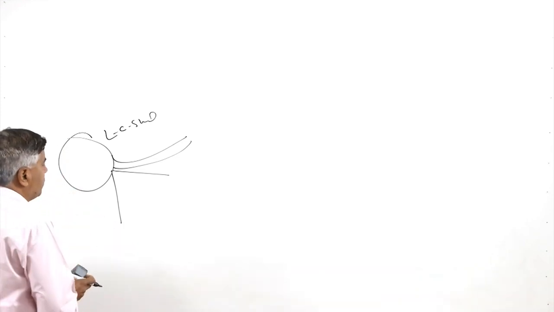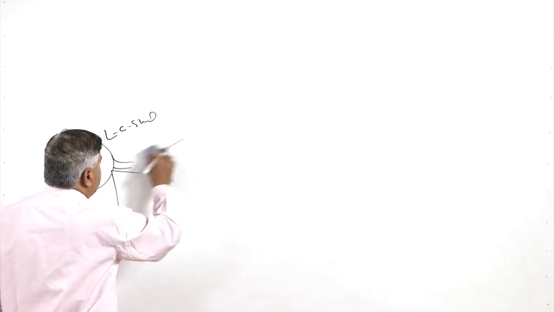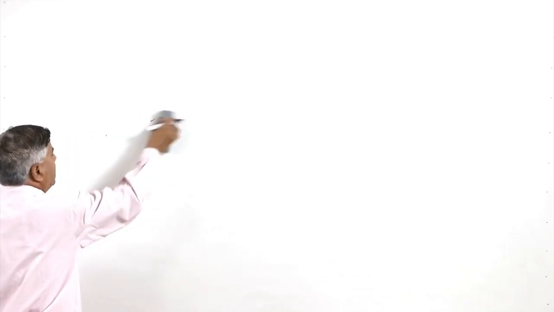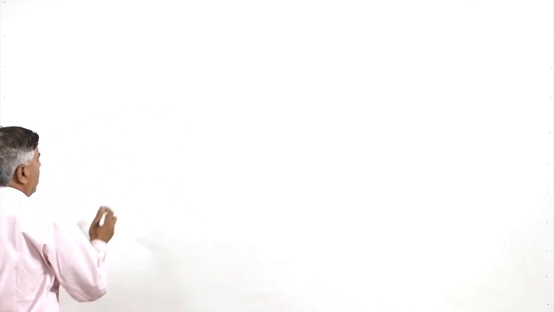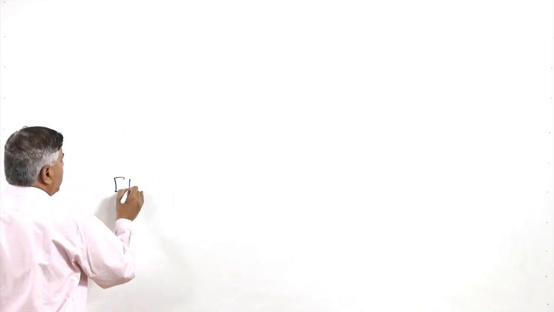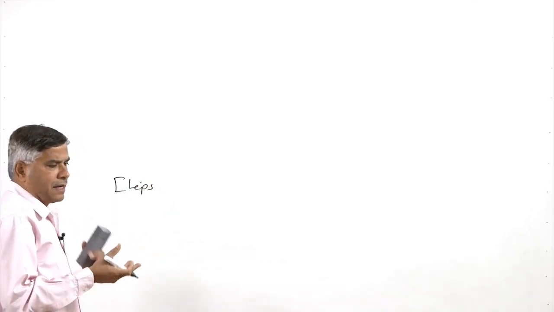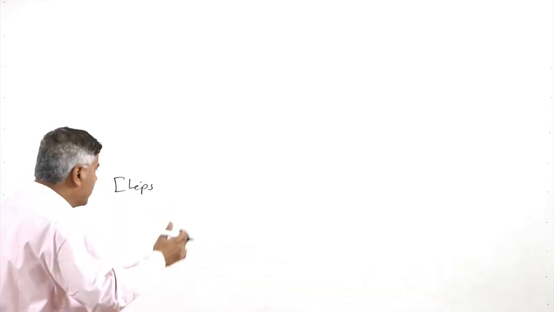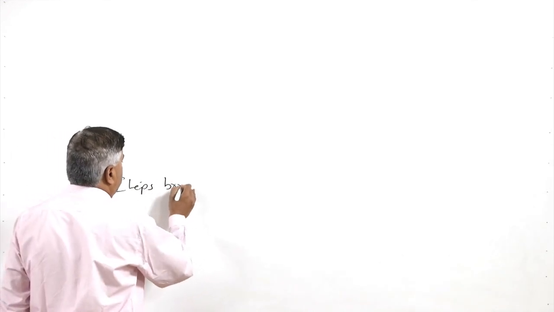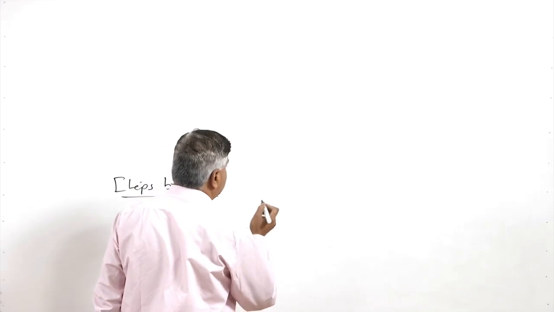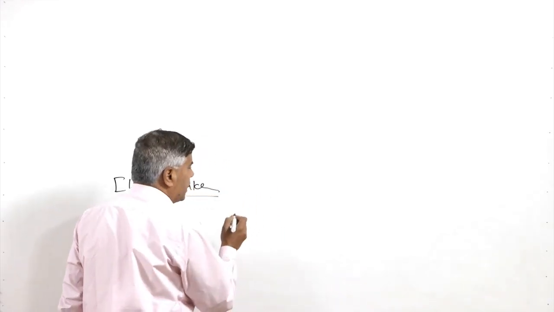So, it is important that unnecessary formation of long chips is avoided, and for that purpose chip breakers are used, so that once the chip is formed, it is tightly curled and broken away with the help of the chip breakers. Chip breakers are basically of two types.